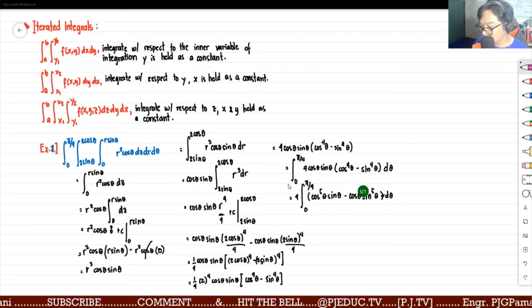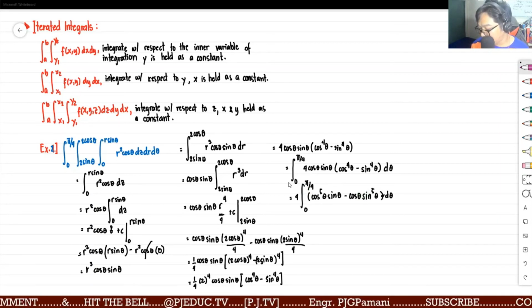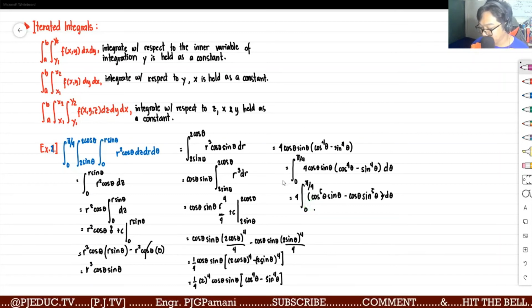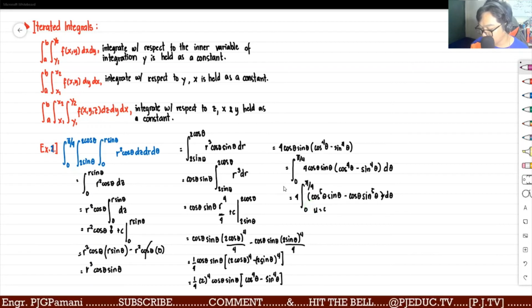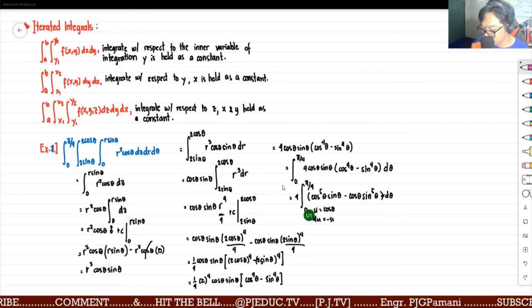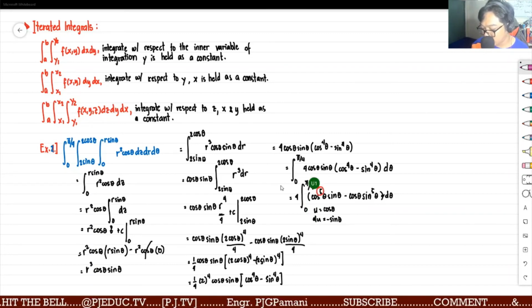So with that, you can now simplify further. Remember that if we consider u as cosine theta, du is simply negative sine theta. Then perform power rule with this exponent.